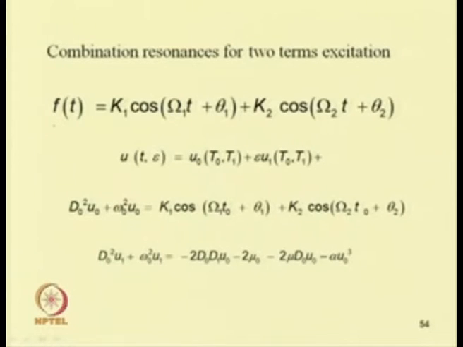One can reduce these two forcing terms to a single forcing term, or one can use these two terms and solve the equation to find the response of the system.